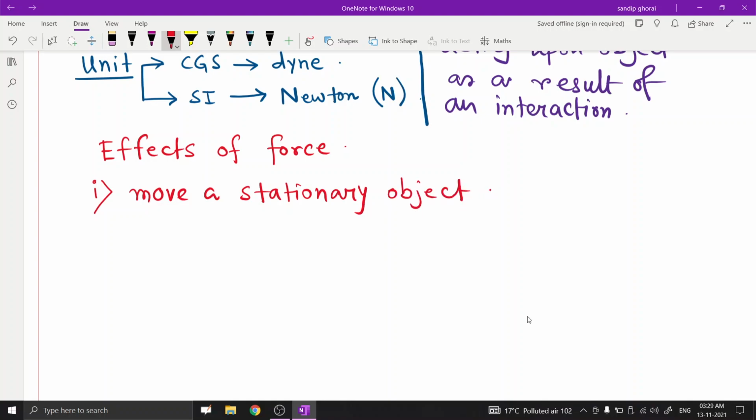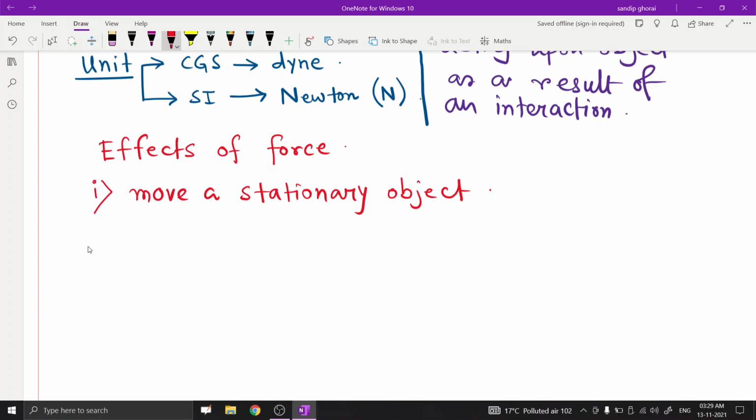If we apply a force to a stationary object, it can move. If we push a body at rest, then the body can start to move.